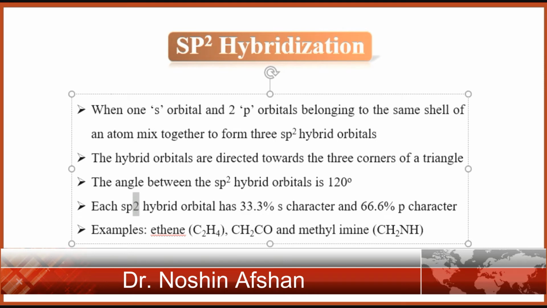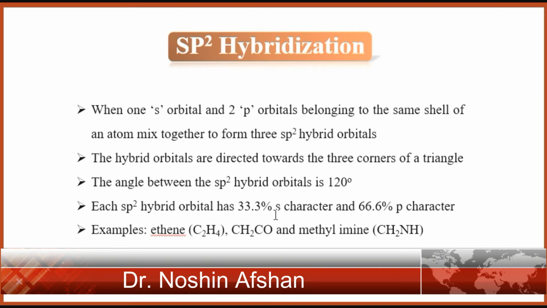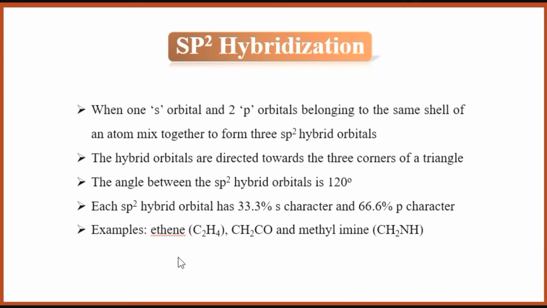And here every sp2 hybrid orbital would have 33.3% s character and 66.6% p character.